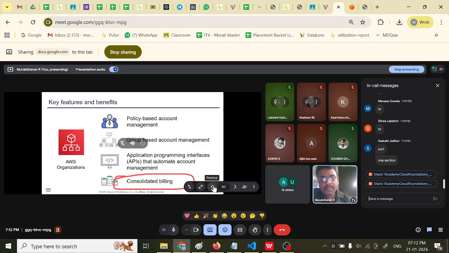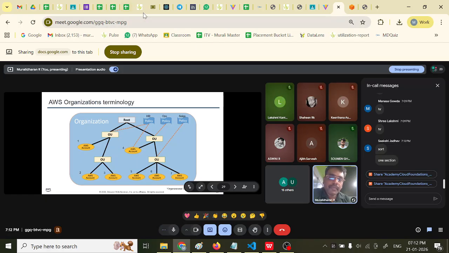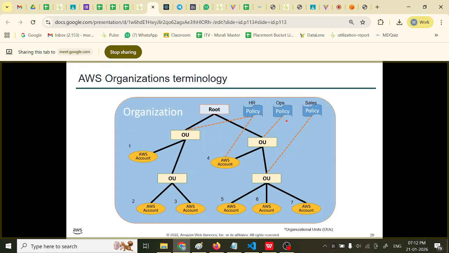Now, same thing. Why do we want this consolidated billing? Let me explain. Now, this root account is spending $100. And the organizational unit, that is this member account one, is spending $100. He is spending $100, he is spending $100, and again he is spending $100.